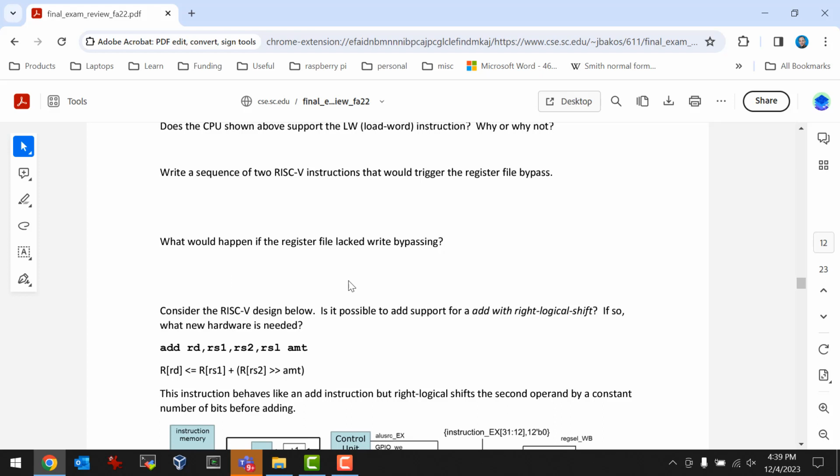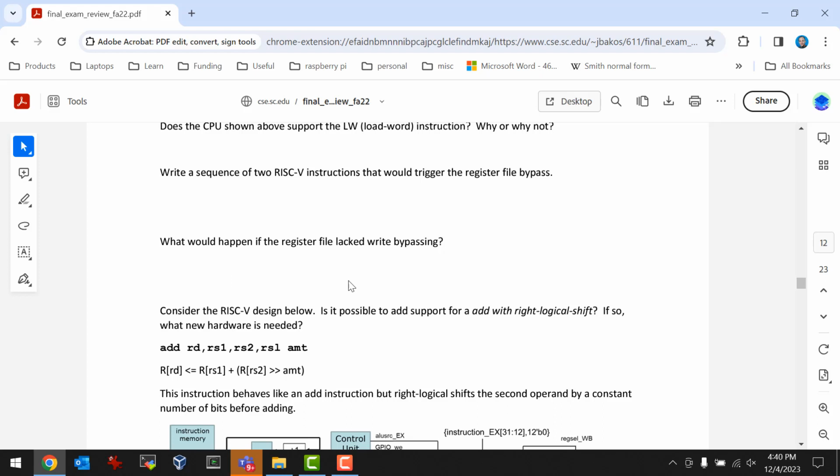Alternatively, you could program the compiler not to actually generate code like this. And if it has to generate code like this, then it could just put a no-op in between. Problem solved, right? But it'd be slower code. So the bypass is really kind of a performance enhancement, right?